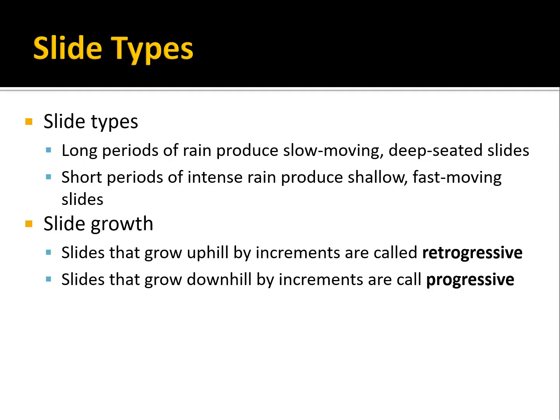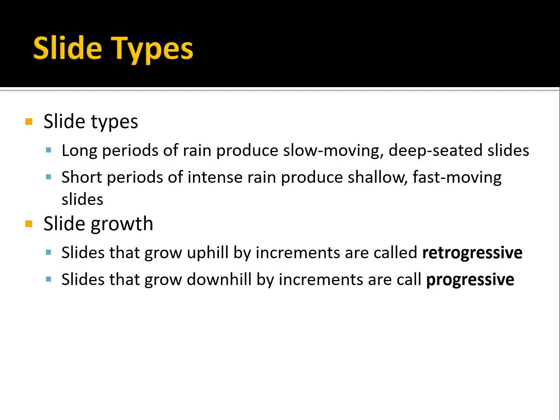And if that saturation builds up over a long period of time, that leads to slow-moving, deep-seated slides. But if you have really intense rain and the water builds up very quickly, you can get shallow, fast-moving slides, and these can cause a tremendous amount of damage, especially because they occur suddenly and it's hard to get people out of the way, and they can be quite violent. Actually, we'll show some cases of that.